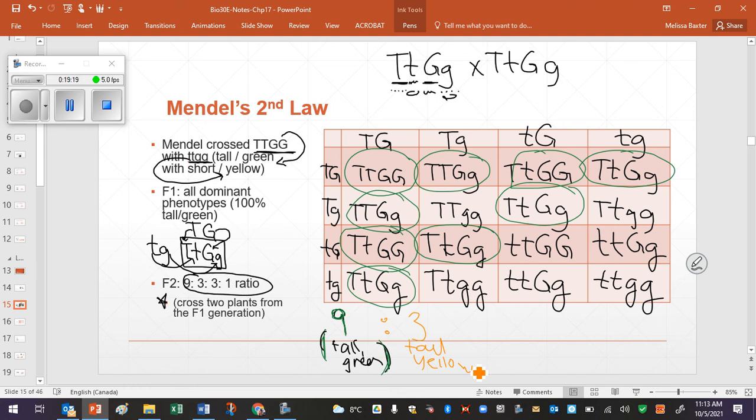That means they have a capital T in their genotype, so they have the dominant allele for height, but they don't have a capital G, so they don't have the dominant allele for color, meaning they have to have the recessive phenotype. So here, and here, and here, 1, 2, 3, are 3 possibilities in my Punnett square that gave me a tall plant, dominant allele for height, but no dominant allele for color, so they ended up being yellow.